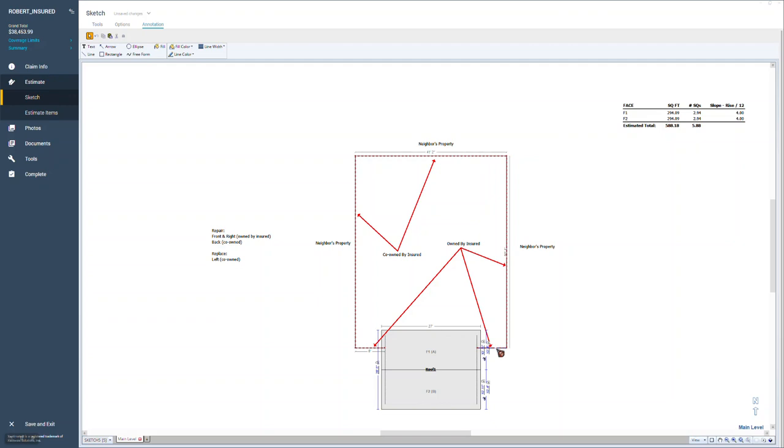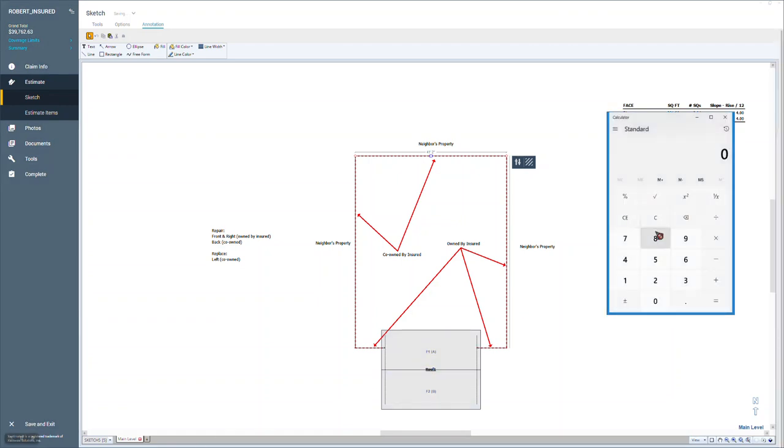So the front two fences are 8 feet. Then we have 50 foot, 50 foot, and 41.17, or 41 foot 2 inches. Okay, so let's add all this up real quick. We have 16 feet in the front, but we're going to double that because remember, we're going to stain both sides.